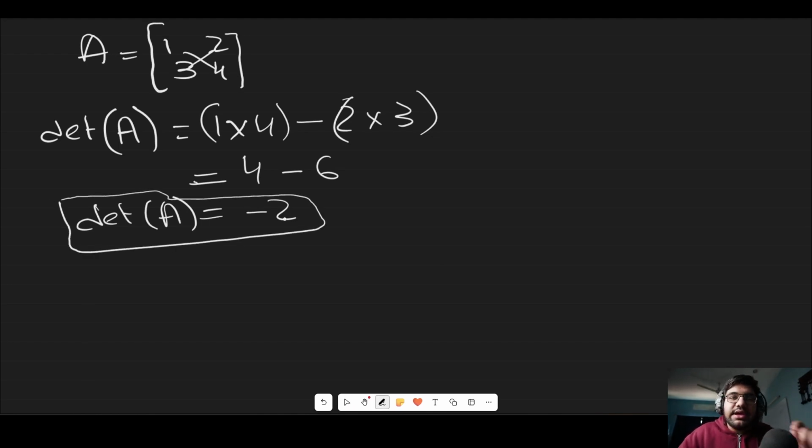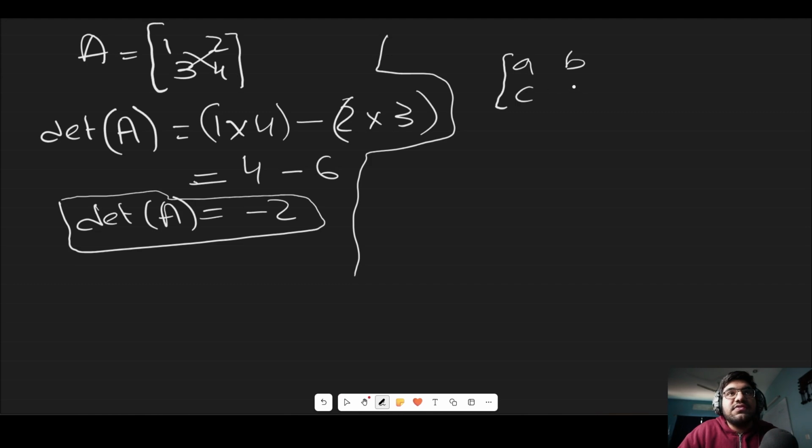Now let's take the adjoint of the matrix. Quite easy. Before going to the adjoint, let me give you a generic example of how you would take the adjoint. For example, if you have a matrix A, B, C, D, these are the entries of this matrix. How would you take the adjoint? Basically, you would exchange the entries of the diagonal. 1 by 1 and 2 by 2 would change their positions.